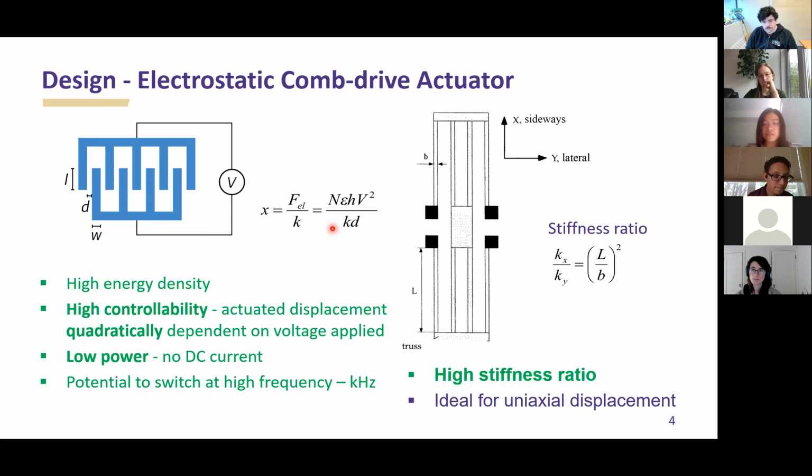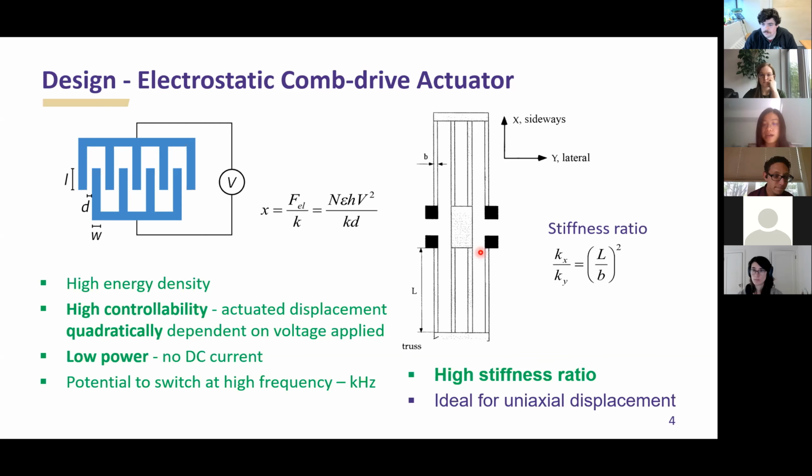The electrostatic force, arising from the capacitive interaction between the comb fingers, has a quadratic dependence on the voltage input. And because we're using a compliant structure, we have a linear relationship between the actuator displacement and the electrostatic force. Hence, the displacement is quadratically dependent on the voltage as well, showing a potential for high controllability.